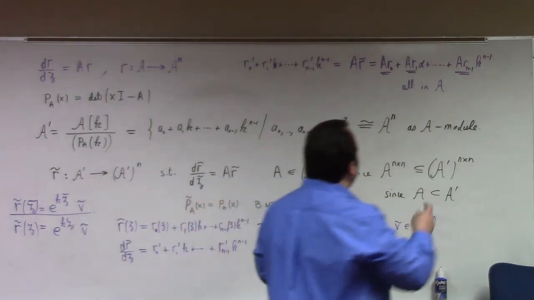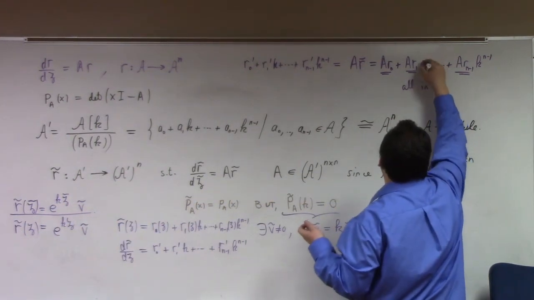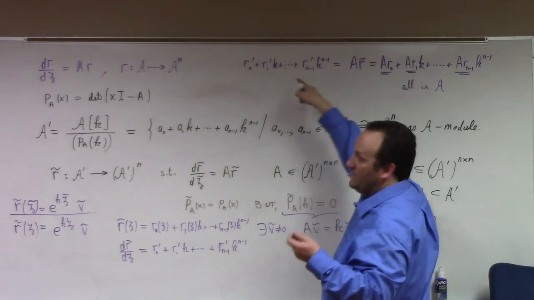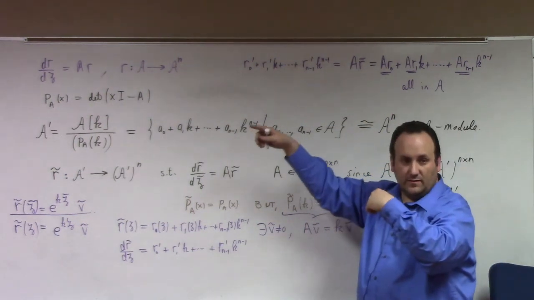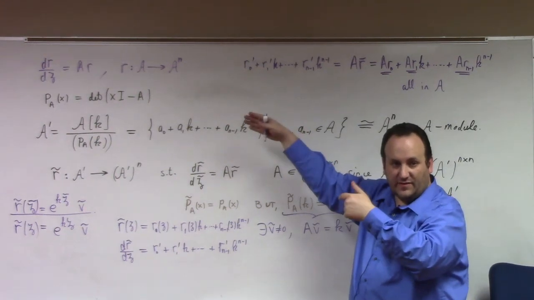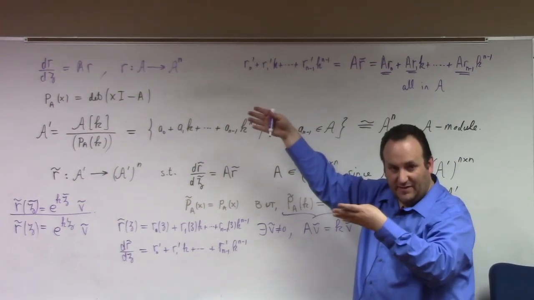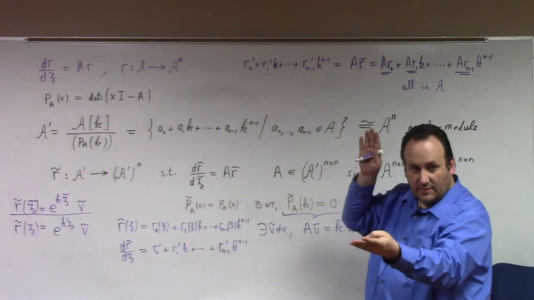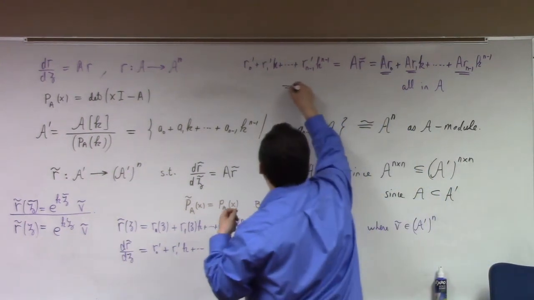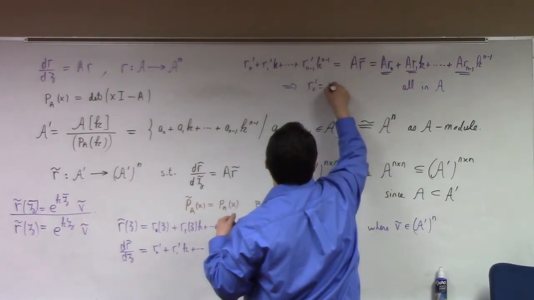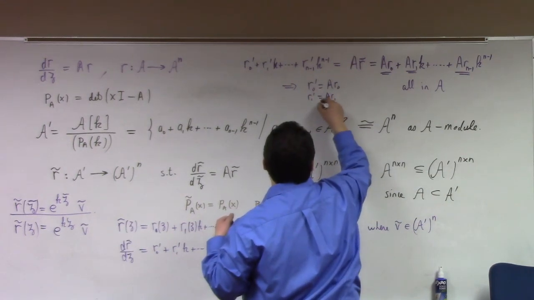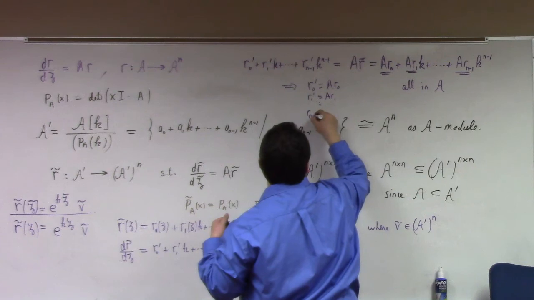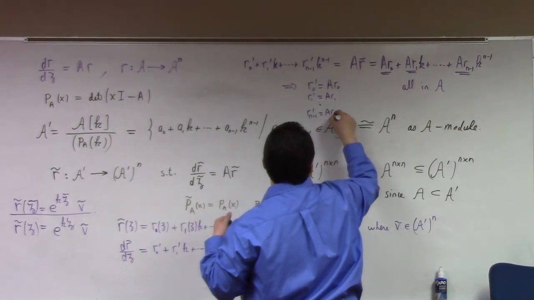And so the point is, for these two things to be equal, because 1, k, k squared, and so on up to k to the n minus 1 is a free A module basis, we can equate coefficients. And this implies that R naught prime is A R naught, and R1 prime is A R1, etc. Rn minus 1 prime is A Rn minus 1.